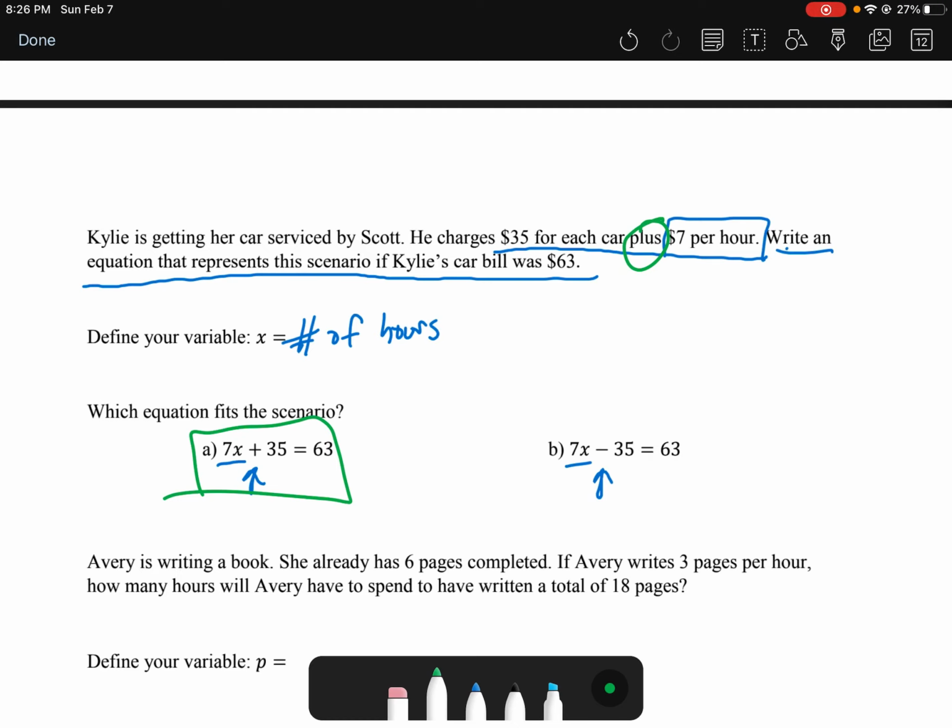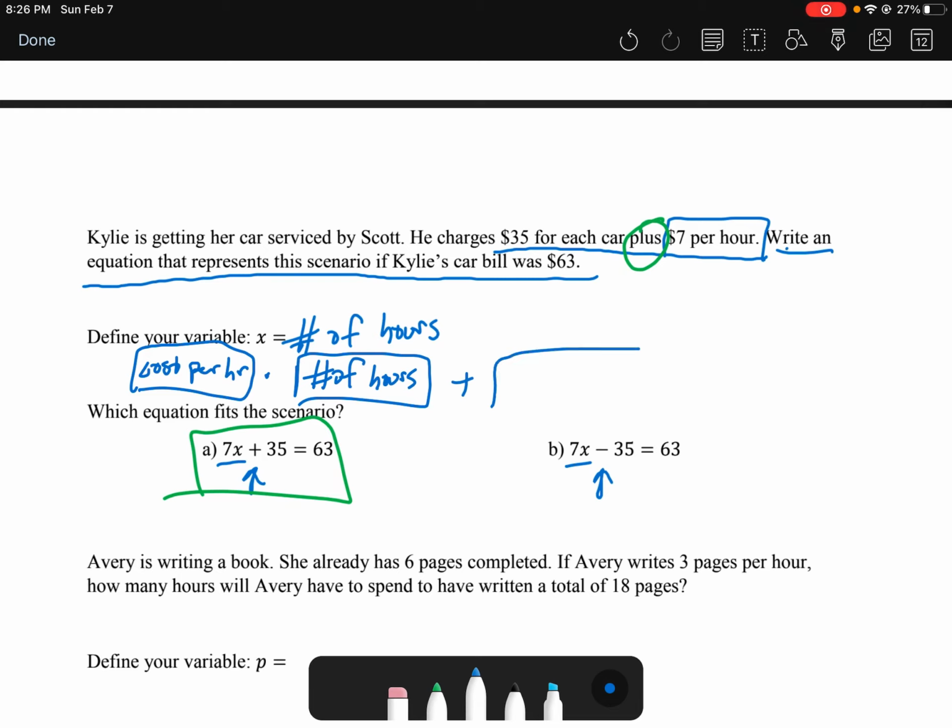So breaking up what the equation is, we have the cost per hour multiplied by the number of hours, and then adding that to the price per car. And that should equal the total. Does that make sense? Yeah, I think that's a scenario that matches what's going on in the word problem.